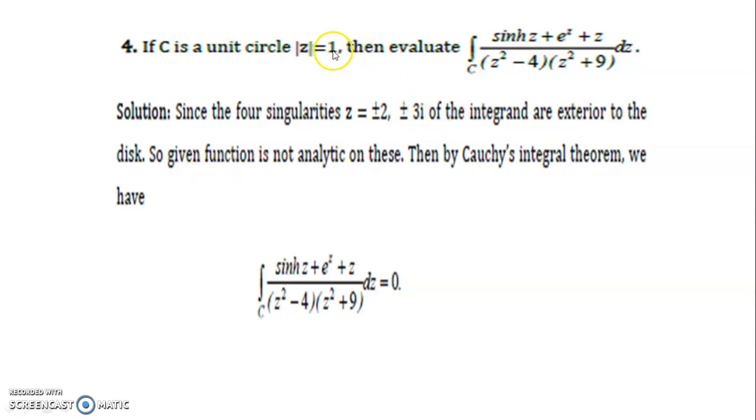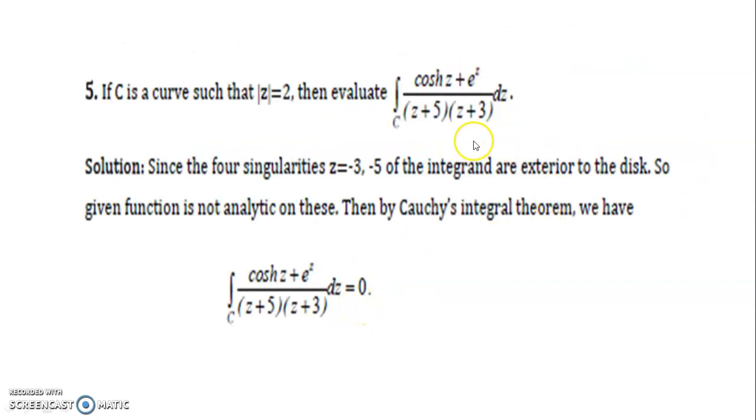So the given function is not analytic at these points, but by Cauchy's integral theorem the integral of f(z) over the closed curve C is 0, provided these singularities lie outside. Definitely it would be 0 there.